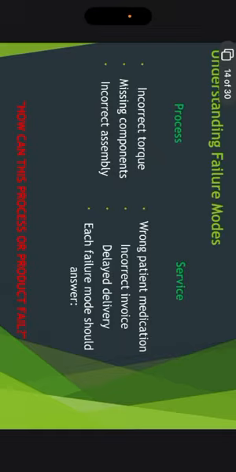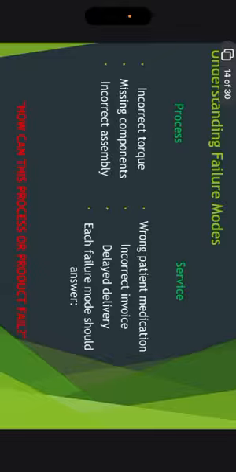Products: incorrect stock, missing components, incomplete assembly. These are examples of what? Process failure. When what is designed is not what is seen after production. There's a misalignment. There's something wrong. Let's look at service: wrong patient medication, incorrect invoice, delayed delivery.